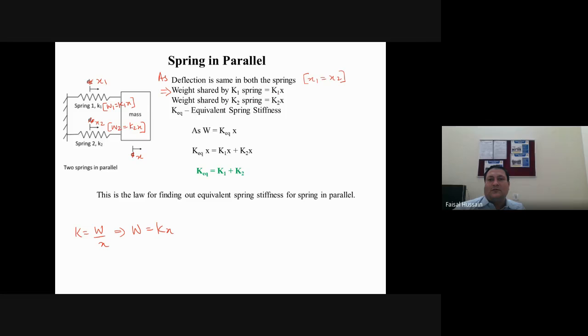So this is W1, load share by spring 1. This is W2, load shared by spring 2.